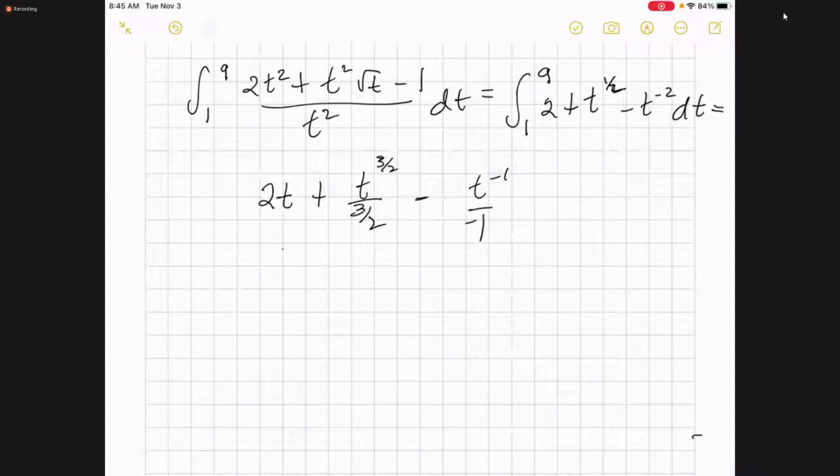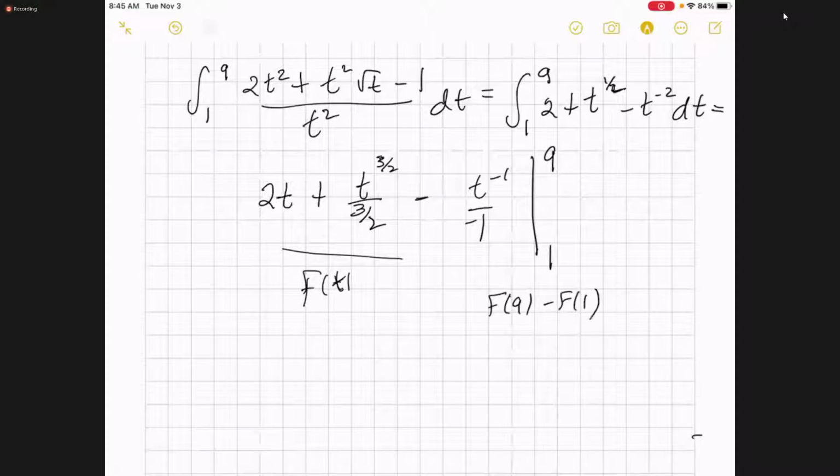This is the big F of t in the fundamental theorem. Because it's a definite integral, I don't just stop here. I put this vertical bar with these numbers, because that means I want to take F of 9 minus F of 1.